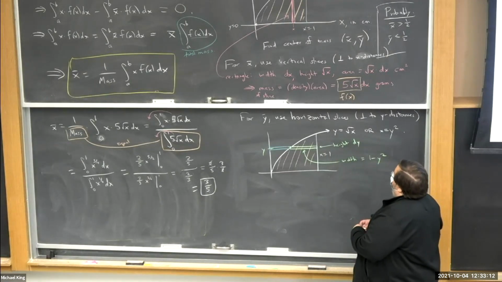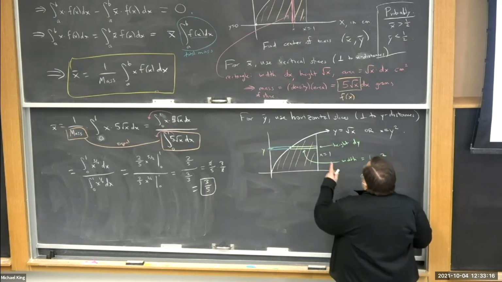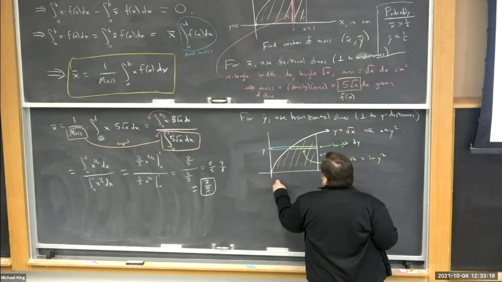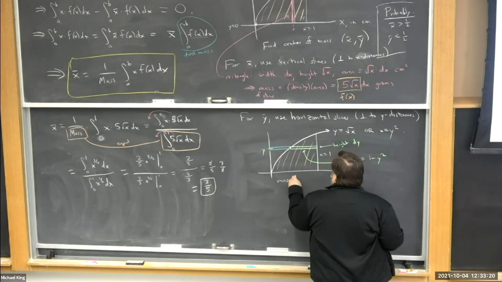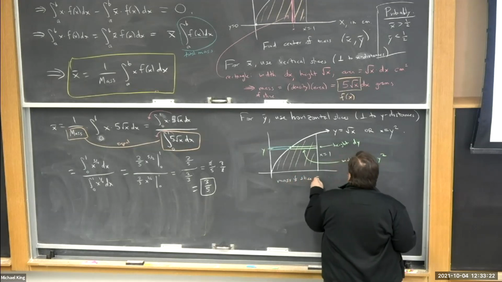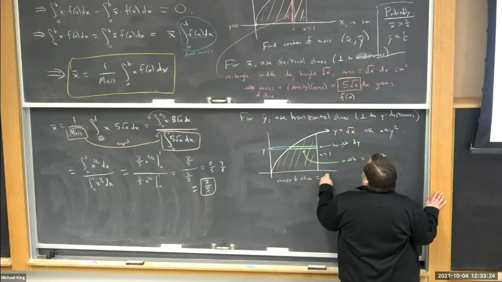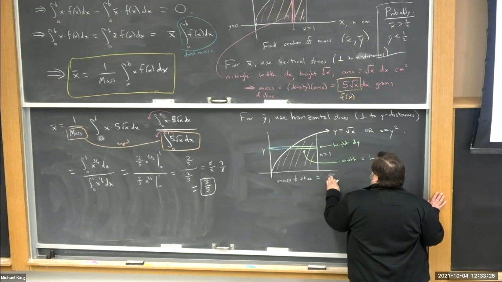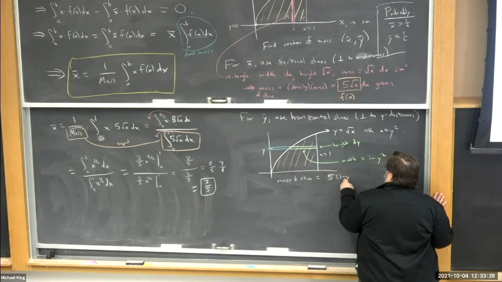So y bar, well, I guess I should say, the rectangle, so the mass of the slice is 5 times 1 minus y squared dy.